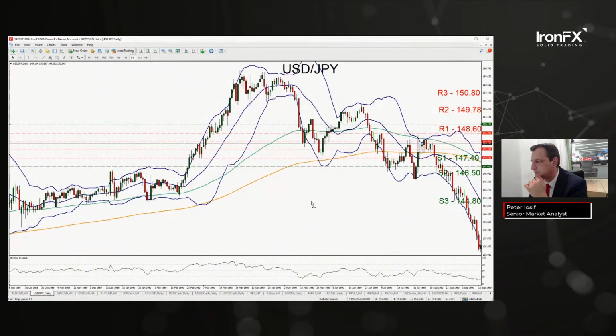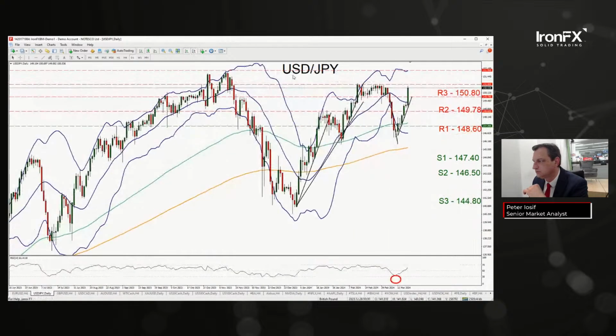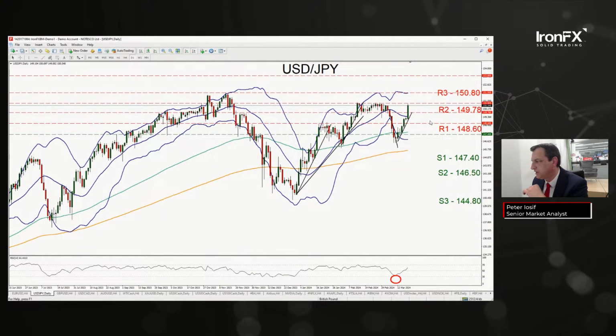Daily. So we have a resistance line which is way off, somewhere here, at the 153.80. Yep. In red. Readjusting. Let's correct the former resistance line, which has now turned to support.